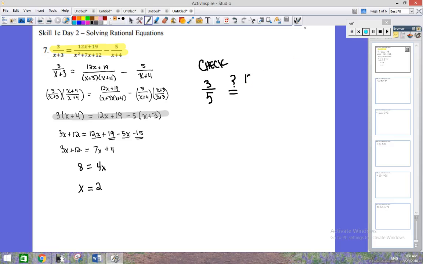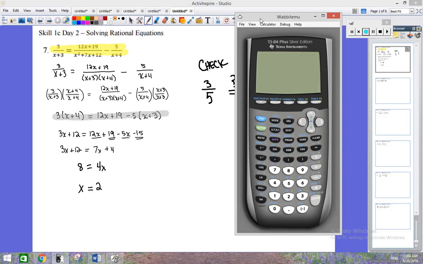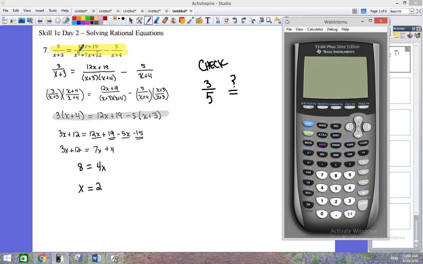Let's use the calculator. Alright, so here's my calculator. My first numerator here, I'm going to put it in parentheses. I've got 12 times 2, which I know is 24, plus 19. That's my numerator.